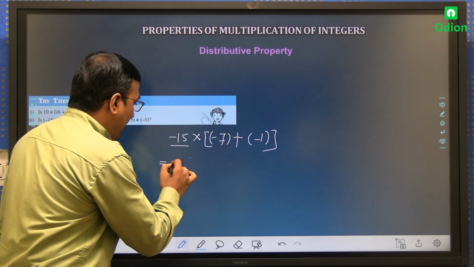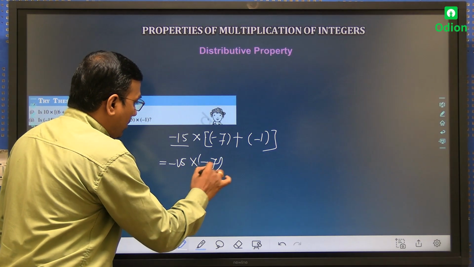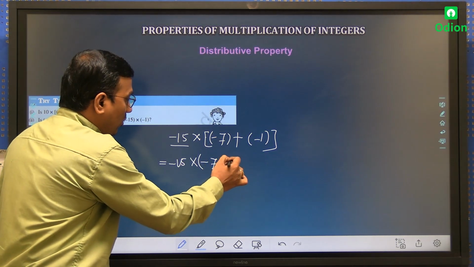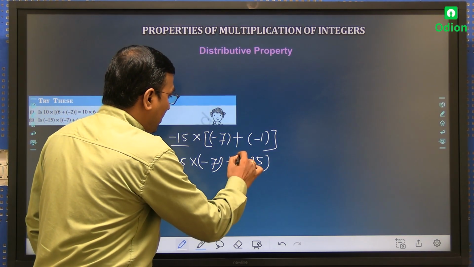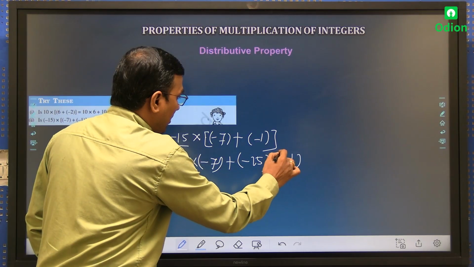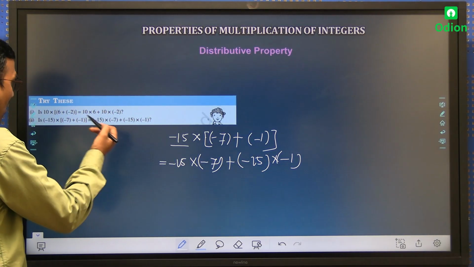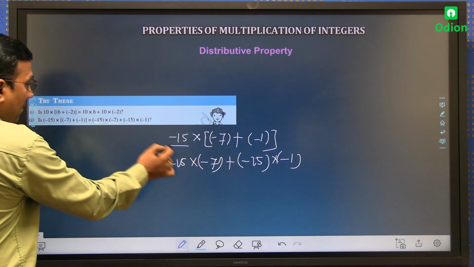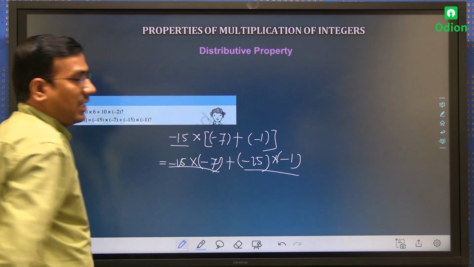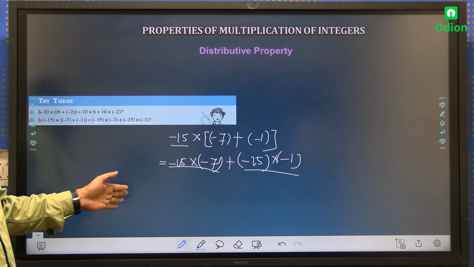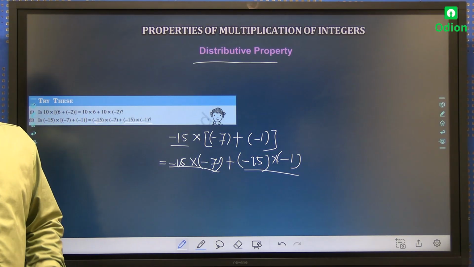First I have to multiply -15 into -7. Okay students, then you have to give a plus symbol. Again -15 into -1. Check whether it is written over here the same or not: -15 into -7, -15 into -1. Yes, it is correct. These two statements are correct according to your distributive property.